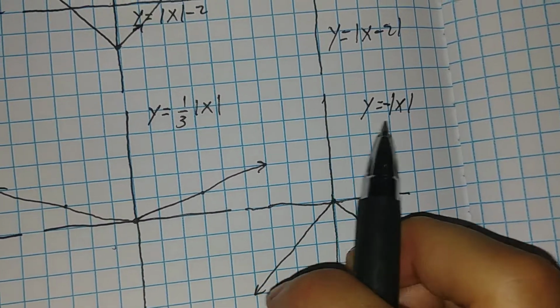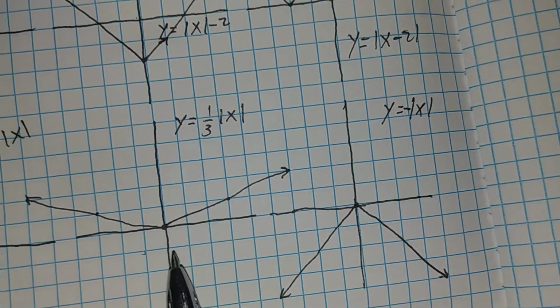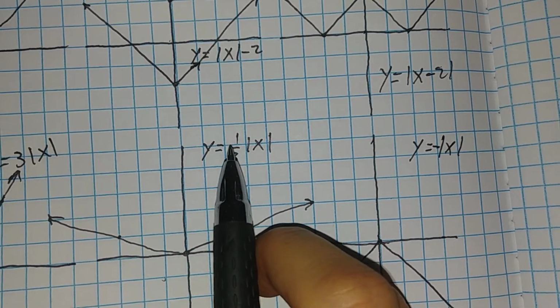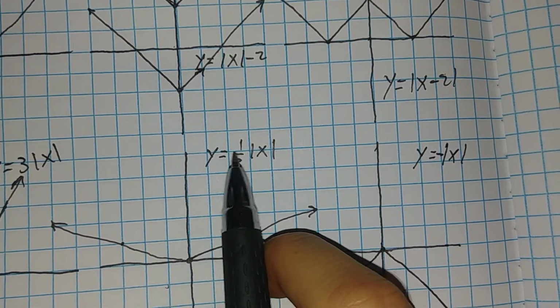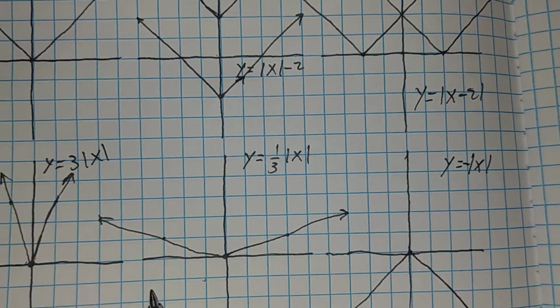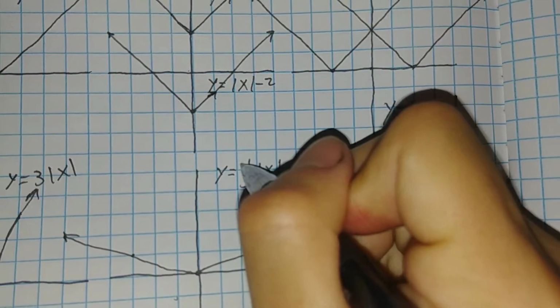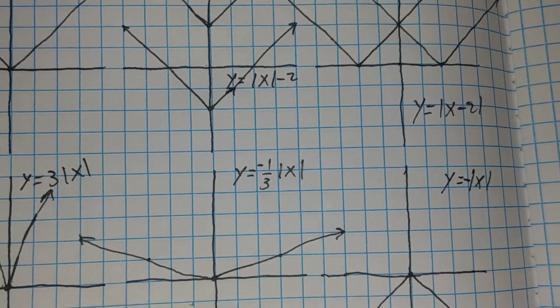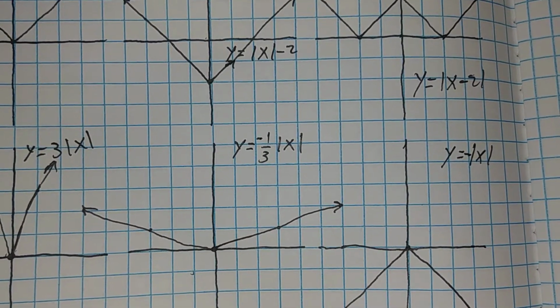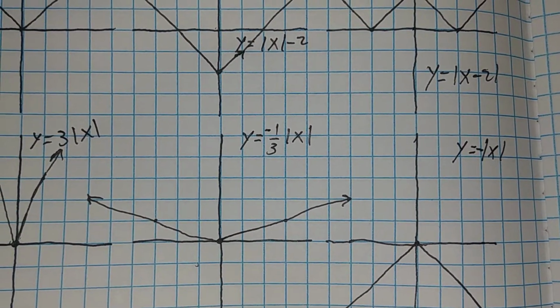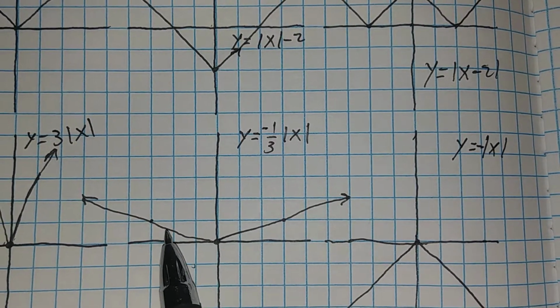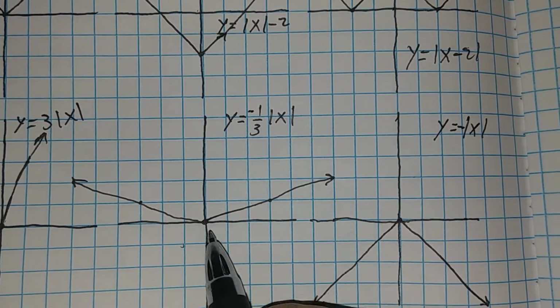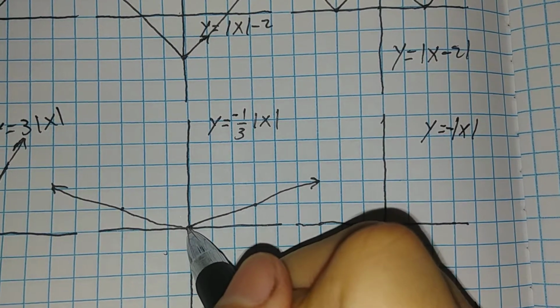Now, again, it doesn't have to be just a negative by itself. It can be a negative as well as a number like 1/3. Let's see what would happen if this number became negative 1/3, the absolute value of x. Pretty much, I'll take this graph and flip it upside down.